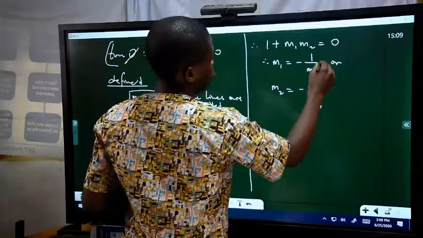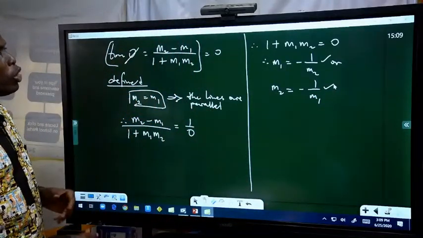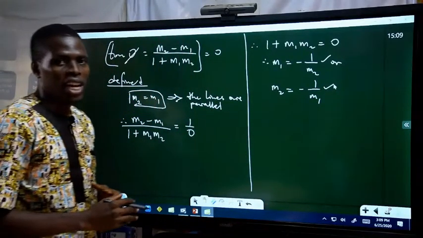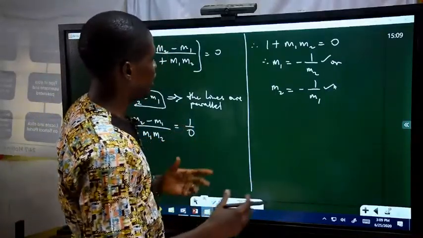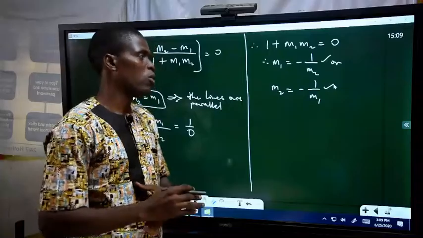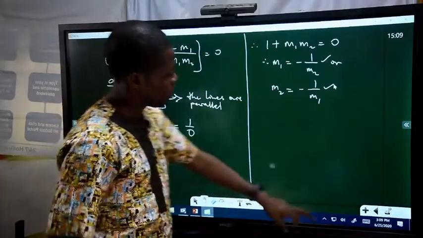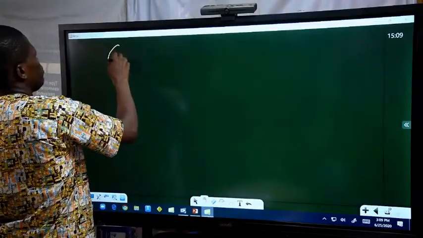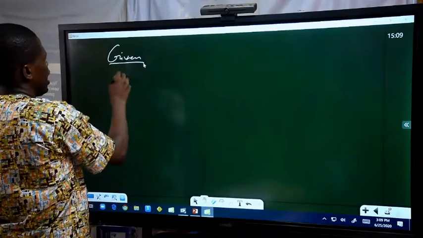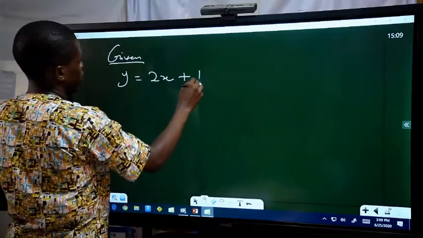So we have two cases we can use to solve for the equation of lines that are parallel or perpendicular to each other. If you want to find a line that is perpendicular, if one line is given, you can solve for the second one. And if they are parallel, if one is given, you can solve for the second one. So let's see examples on this. We're given the line y equal to 2x plus 1.